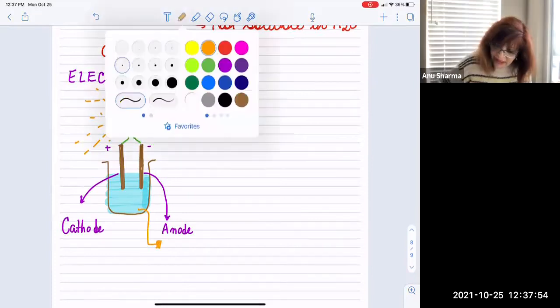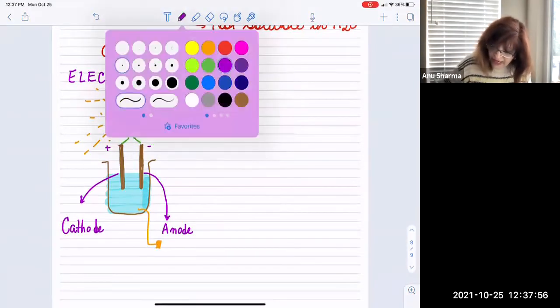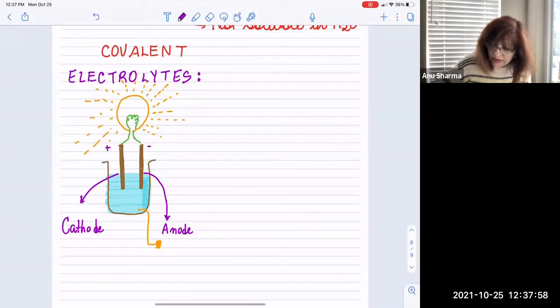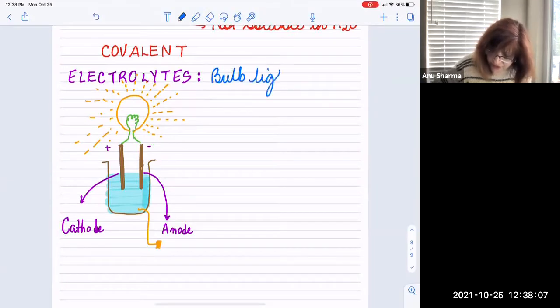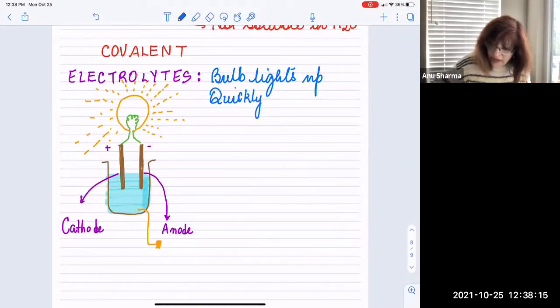Basically, electrolytes are the ones in which the bulb lights up quickly and 100%. Very bright light is given.